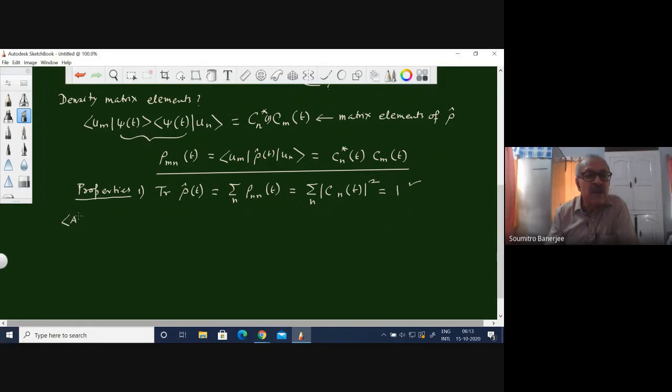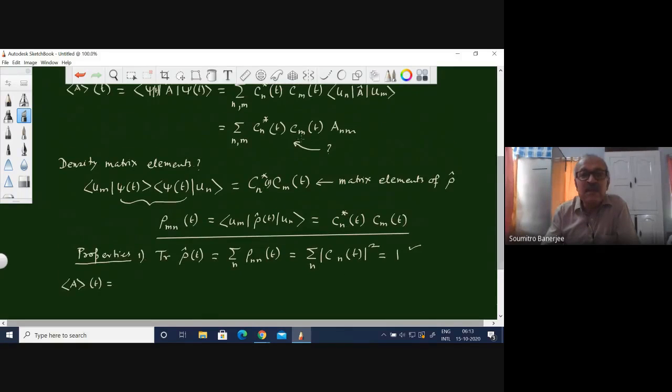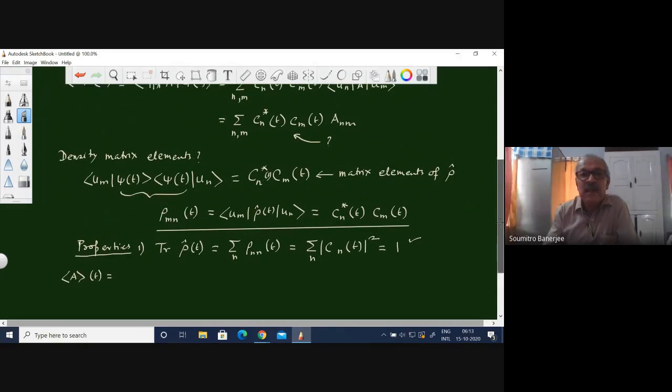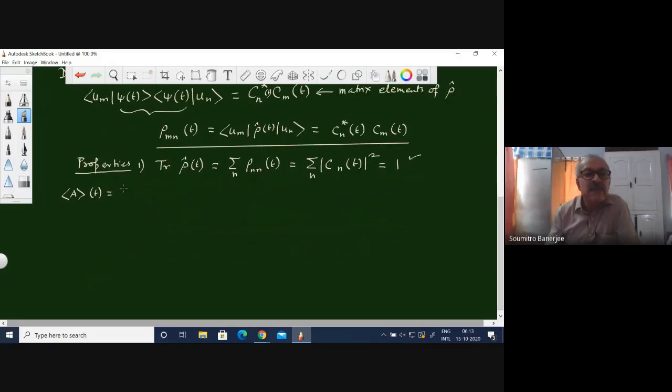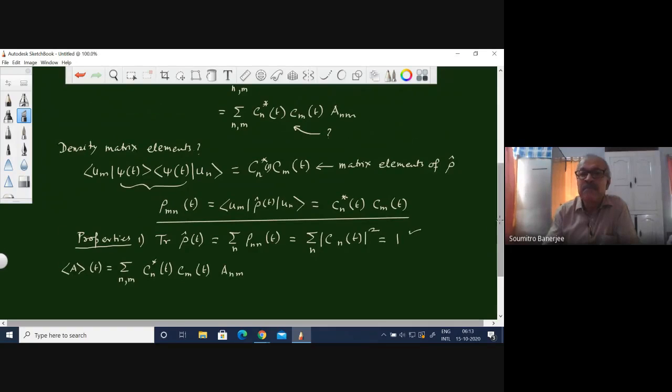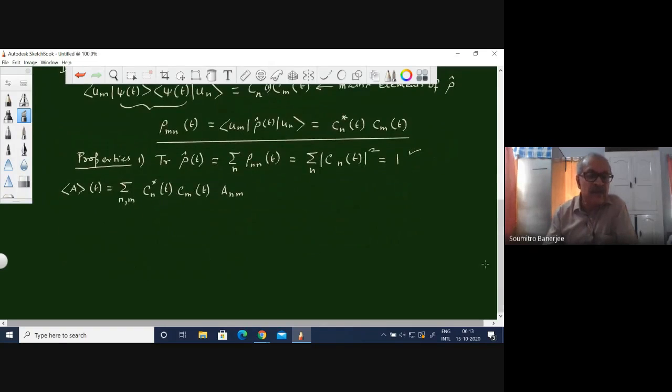For any observable, if I want to calculate the expectation value, we obtain that it will be the sum over n comma m of Cn star t Cm t A nm. This is what we had obtained.